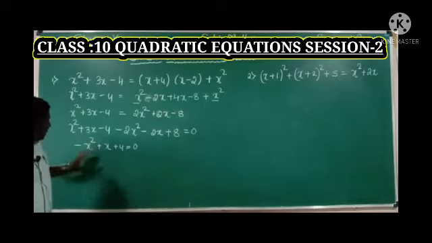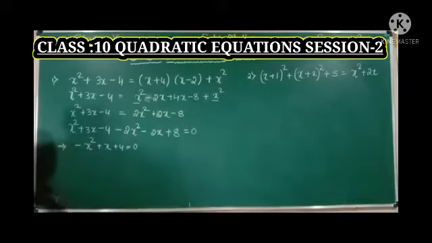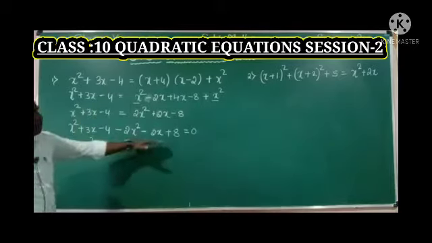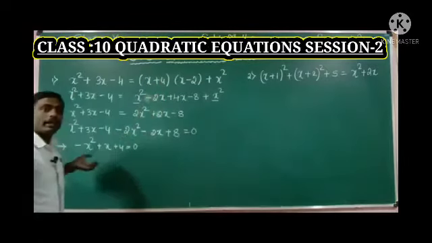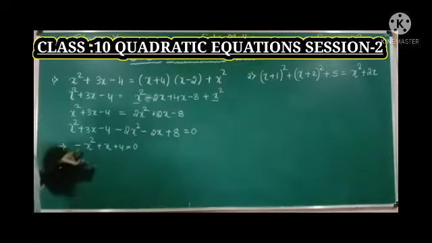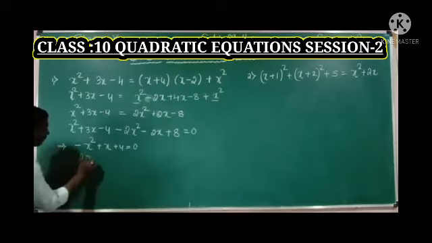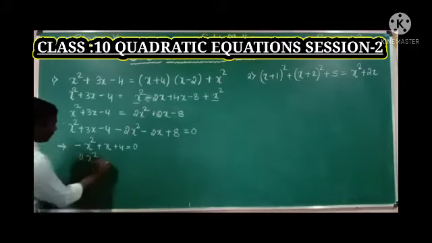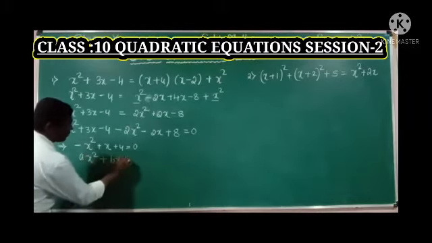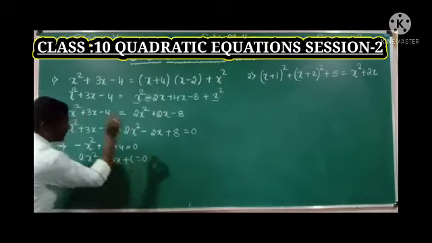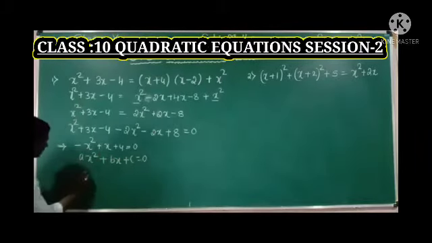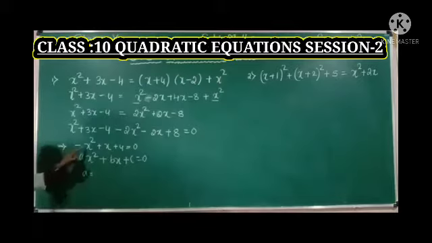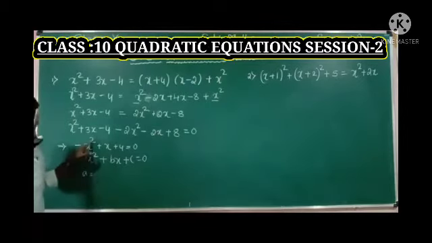So after the simplification of the given equation, we get an exact quadratic equation. It is in the form of ax square plus bx plus c is equal to 0, where a is equal to, what is the coefficient of x square here? Minus 1.